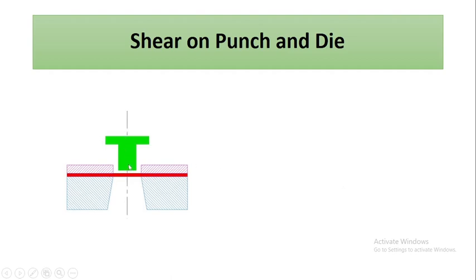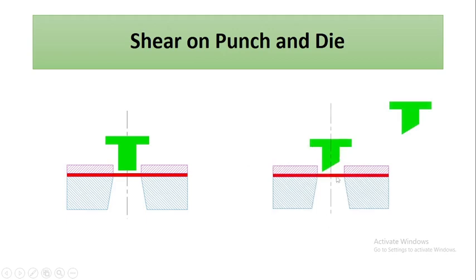This is the shearing action when the punch doesn't have any shear angle, and this is the shearing action where the punch has a shear angle. This is the shear angle given. First we are discussing the case without shear, and what the maximum force required is.